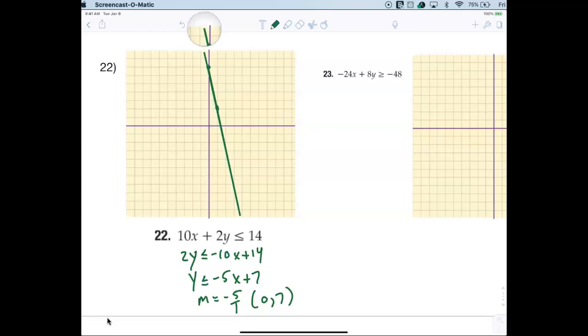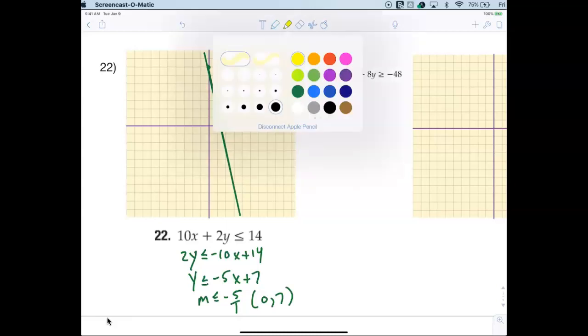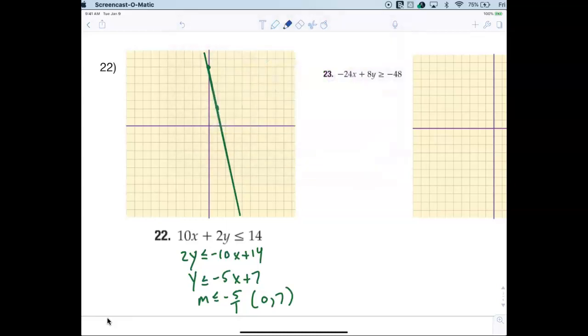But we don't say left. This time we're graphing what or shading what? Below. We're not there yet. Still, you tell me you can't know where above is for horizontal and vertical?